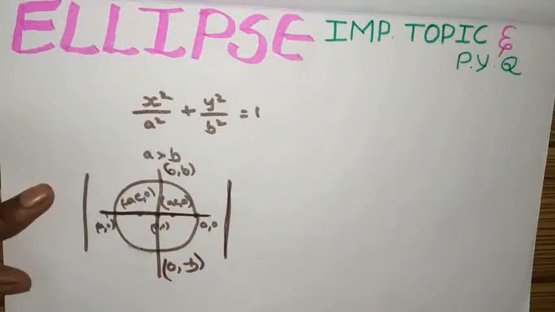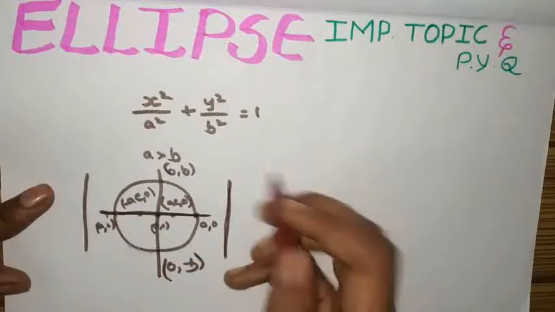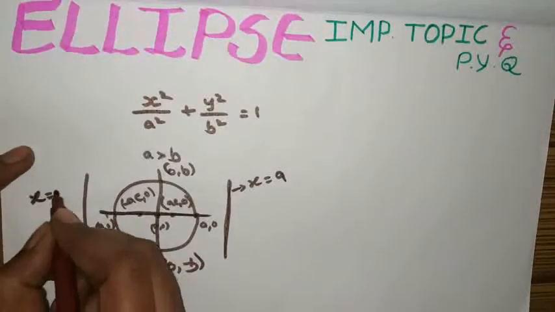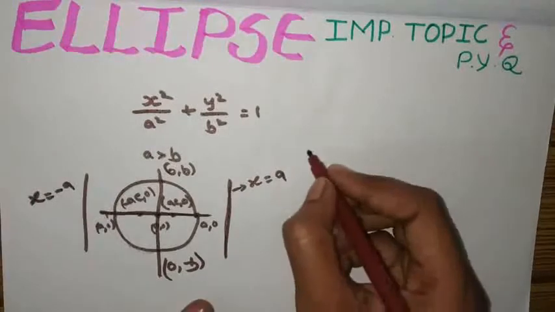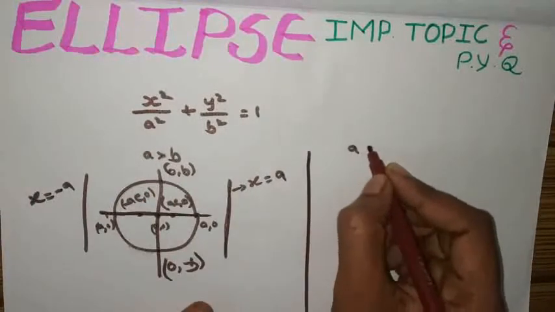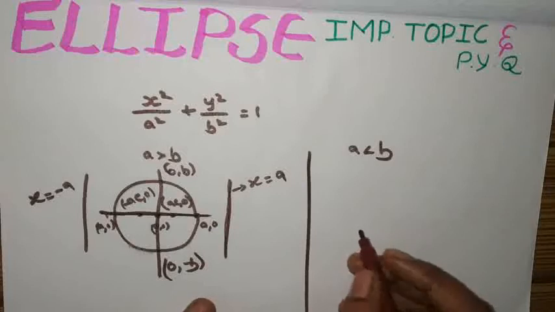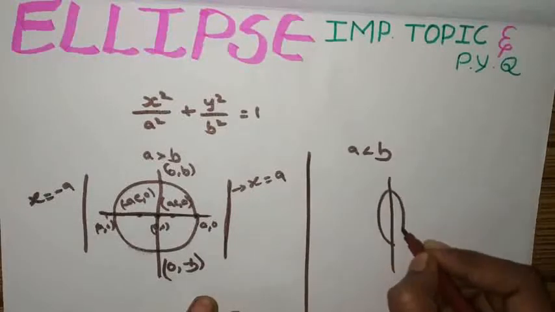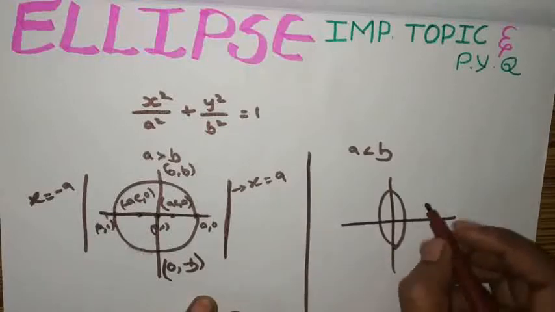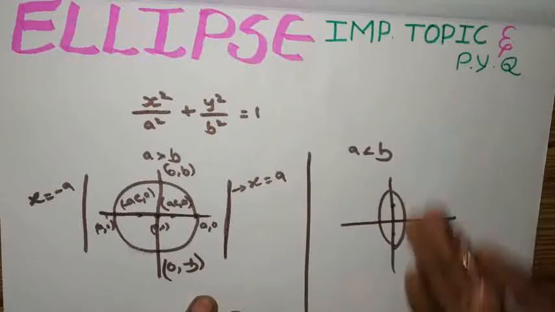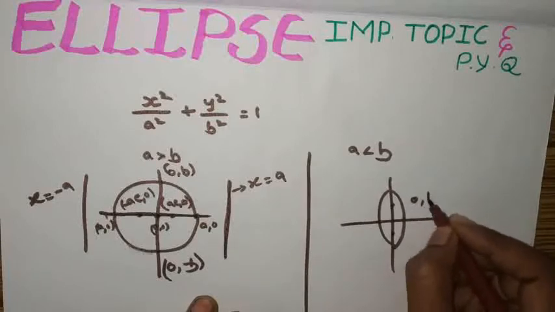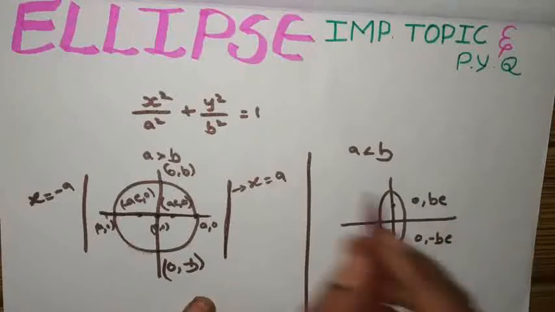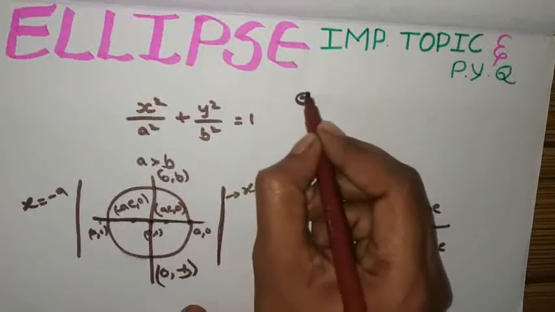It has two directrices. What are the equations of these directrices? This is x is equal to a by e and this is x is equal to minus a by e. Now let me tell you, if a is less than b, another diagram is there. Here we have the foci on the y-axis, that is (0, be) and (0, minus be), where e is the eccentricity. For an ellipse, e is always less than 1.